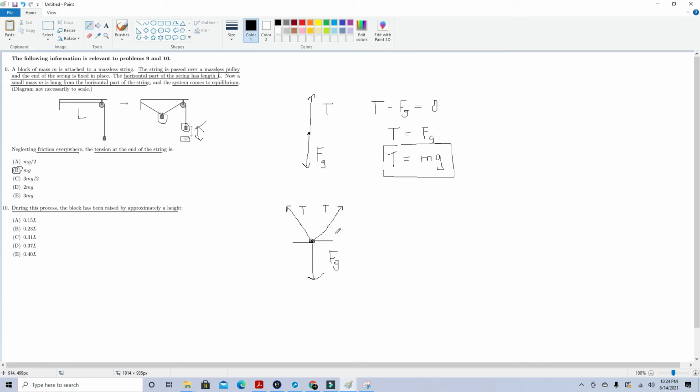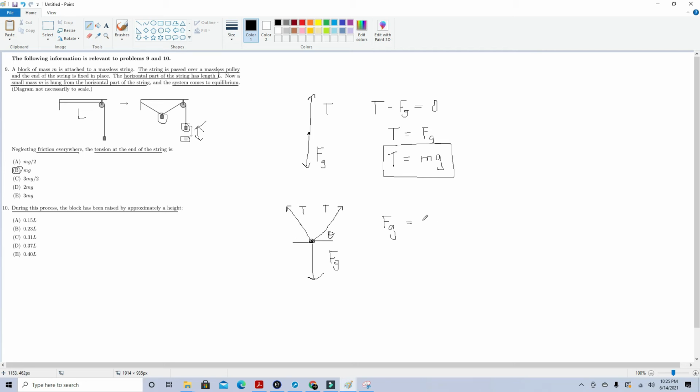So in order to set the vertical forces equal to 0, we should define an angle here, theta, and then say that Fg has to be equal to the vertical component of each of these tension forces. This tension force has a vertical component of T sine theta, and this tension force has a vertical component of T sine theta as well.